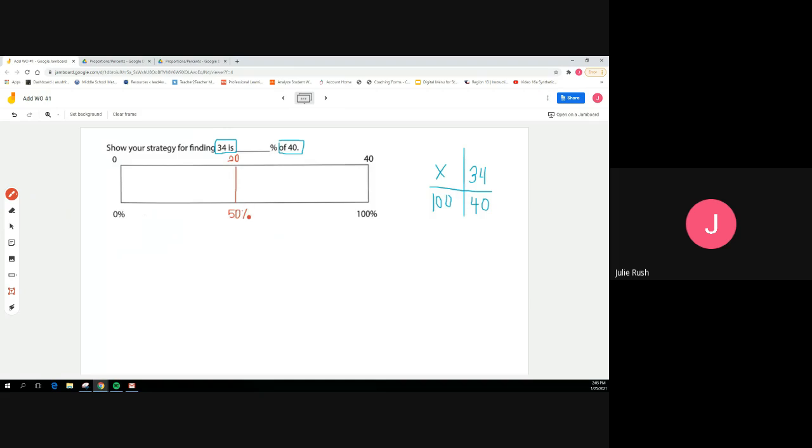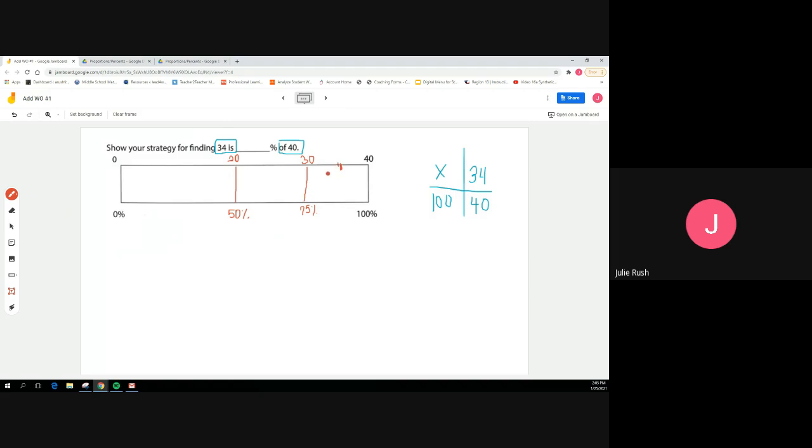So halfway between 20 and 40 is 30. And that's 75%. So the number 34 is going to occur right about here, okay?